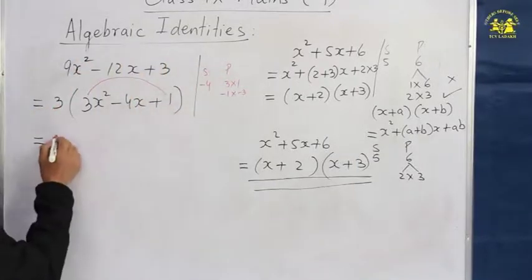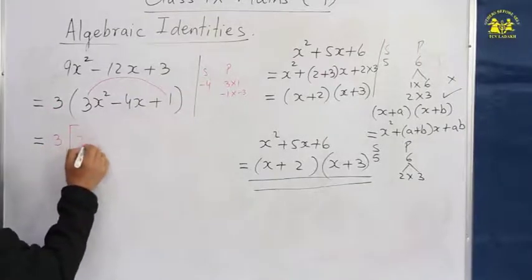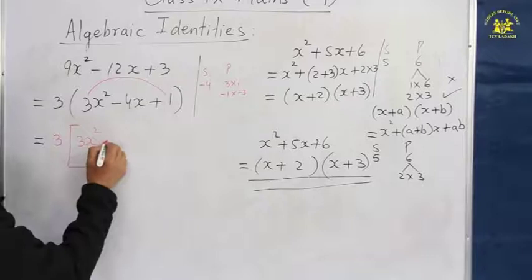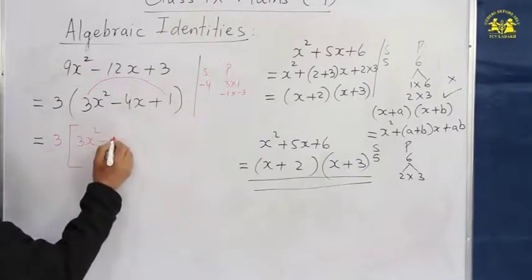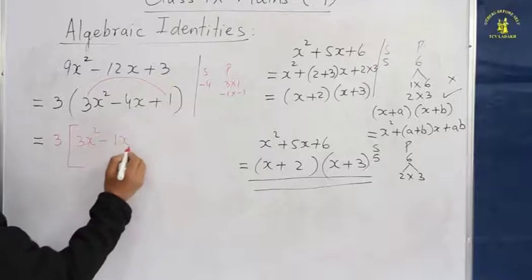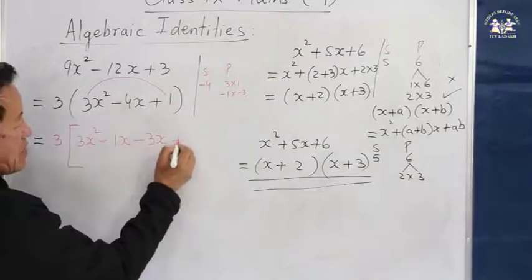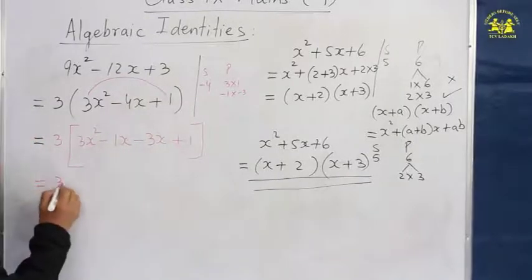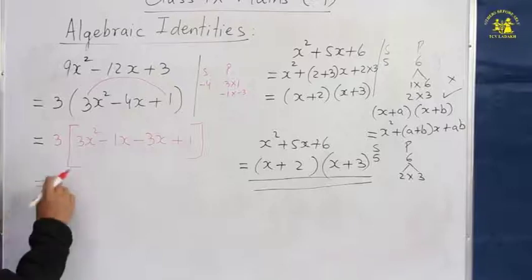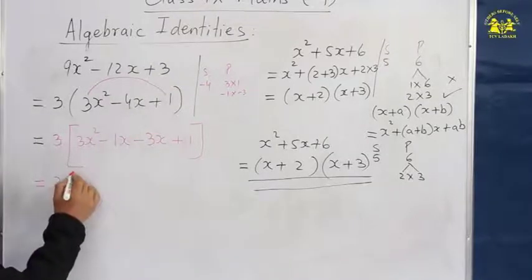So 3x squared minus 4x can be written as minus 1x, or minus x, and minus 3x, plus 1. So this is equal to 3, the common factor we have already taken out, and then let's look here.